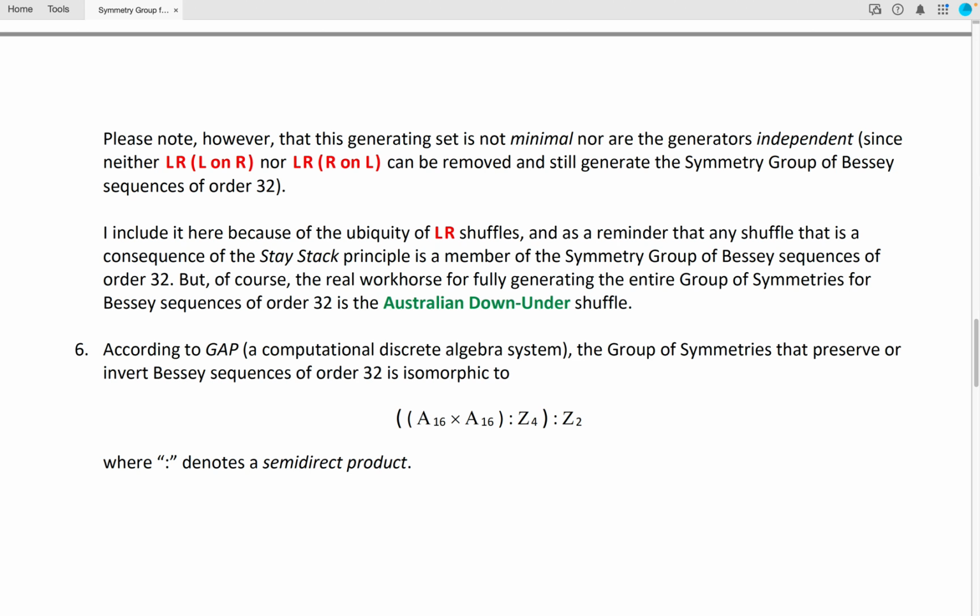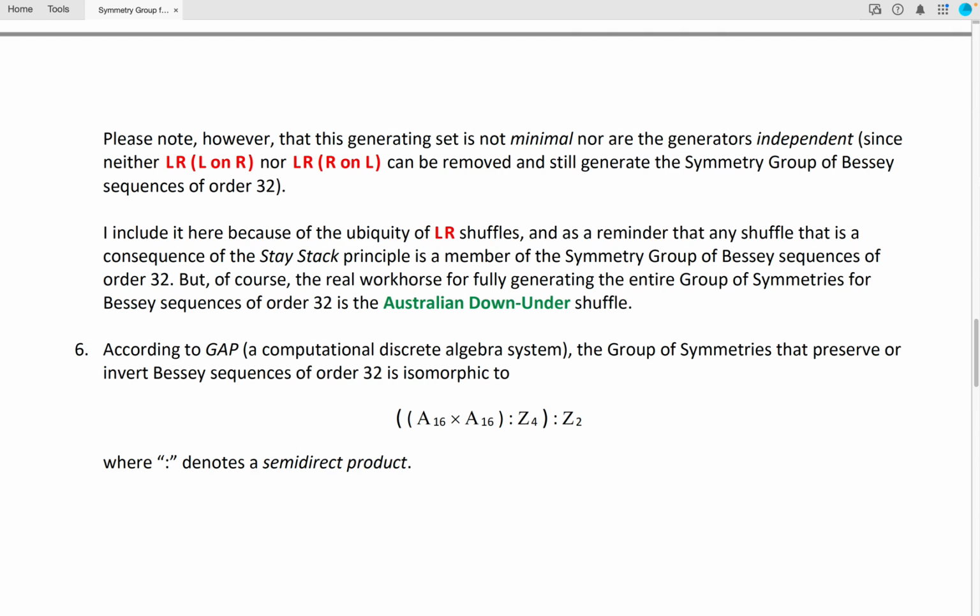Please note, however, that this generating set is not minimal, nor are the generators independent, since neither LR shuffle can be removed and still generate the symmetry group of Bessey sequences of order 32.